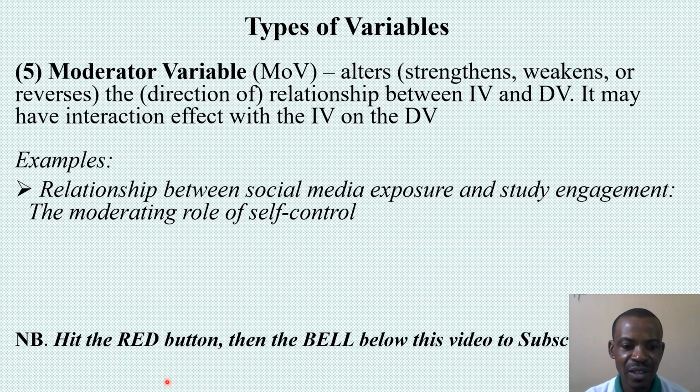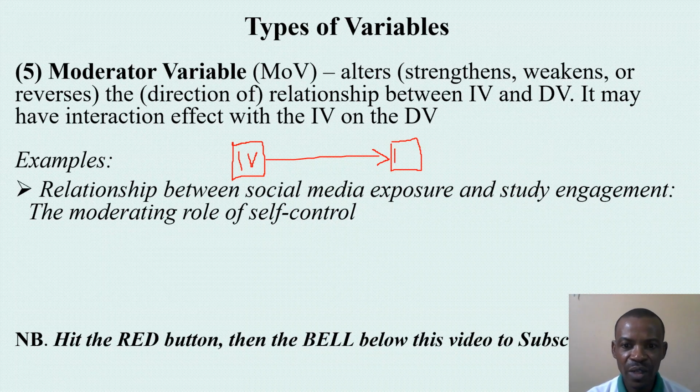Let's understand this explanation using a model. We have our model here with the IV, whereby the IV impacts on the DV. We have seen this when we discussed how dependent and independent variables are related. But where there is a moderator, we often use an arrow to link it.